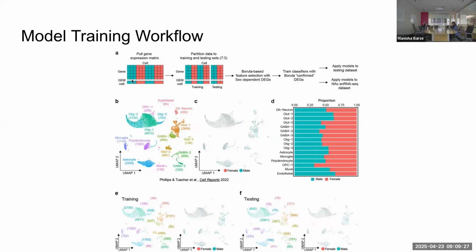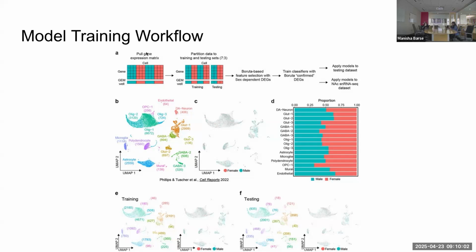In all the figures, the blue color represents the males and the red represents the females. To identify the sex-dependent gene expression differences, they placed one male and one female this way. In this particular data set, they used three male and three female rats.